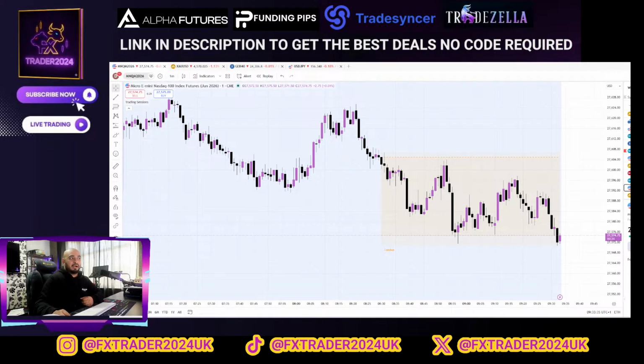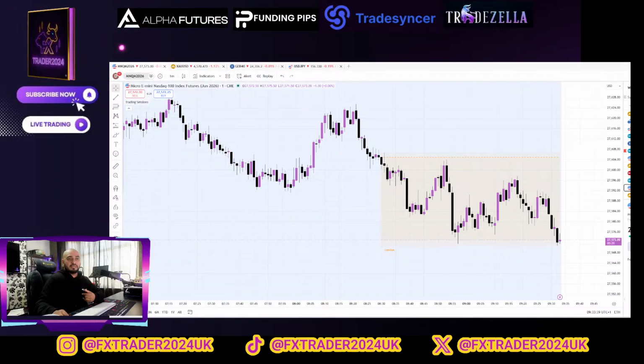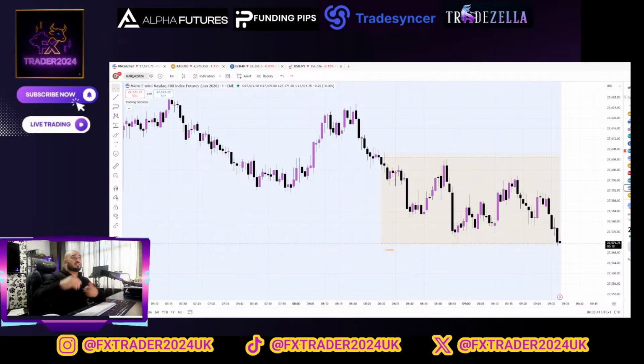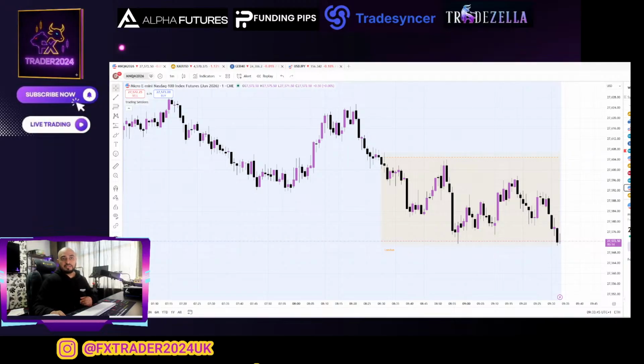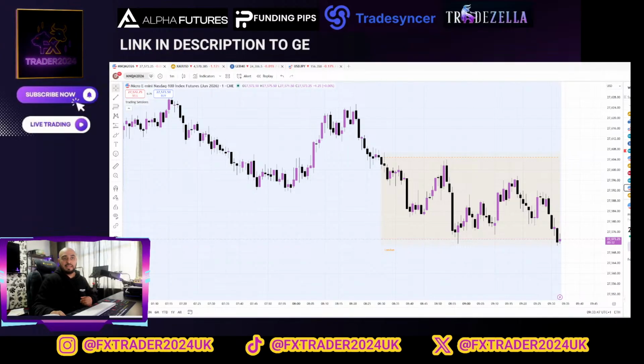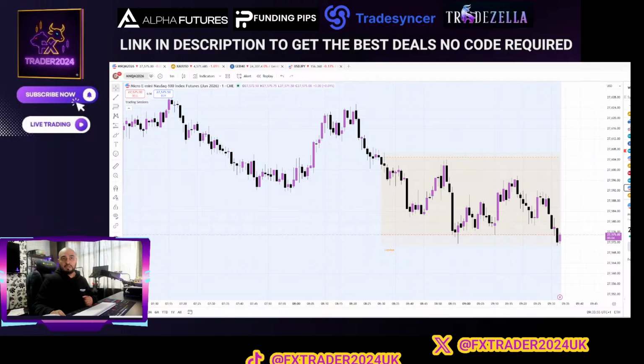I don't know how I've got my risk management in place, but the problem is I like to adjust my stop loss, and I don't know how their contract sizes are working, their minis and their micros. I'm going to give it a shot though. I'm going to see how it goes.